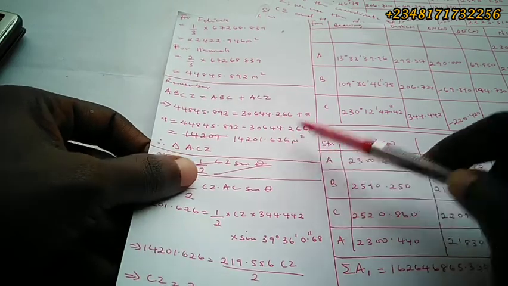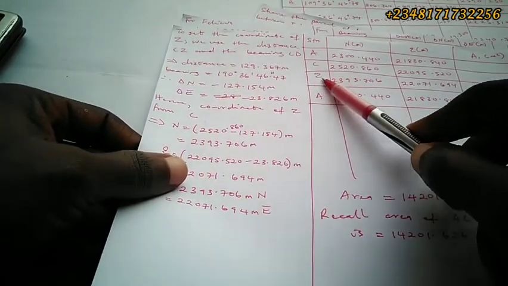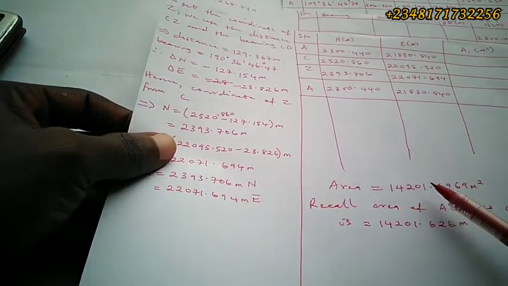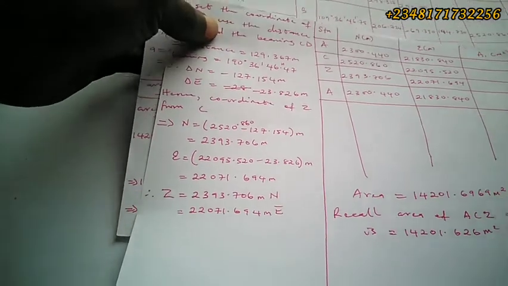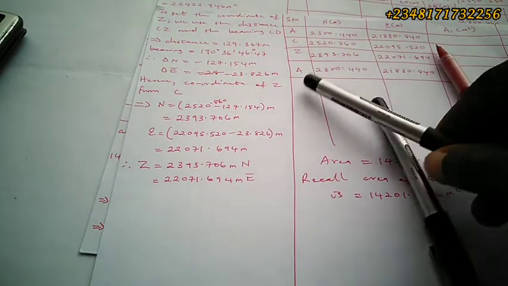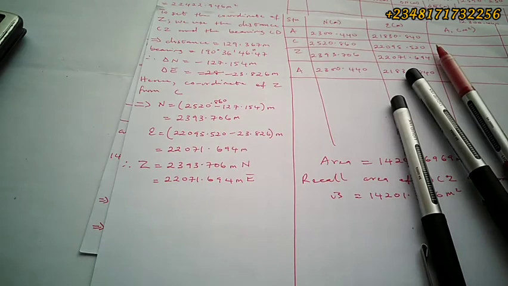And getting to this point, using the coordinate of Z, we still computed it to be 14201.6969. So you can see that the area using the first method and using this last method to check the coordinate of Z gave us the same area.